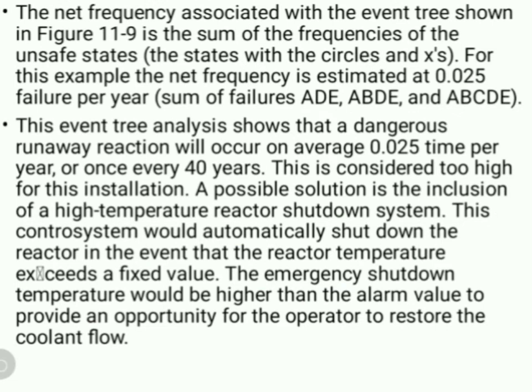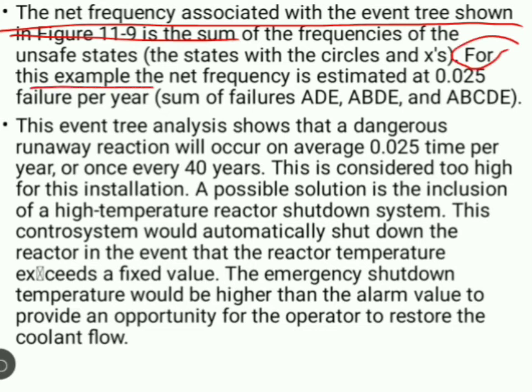Now we can see the net frequency associated with the event shown in the figure, the sum of the frequencies of unsafe states. For this example, if we add them all, the net frequency is estimated at 0.025 failures per year, which is the sum of the failures of ADE, ABDE, and ABDCED.